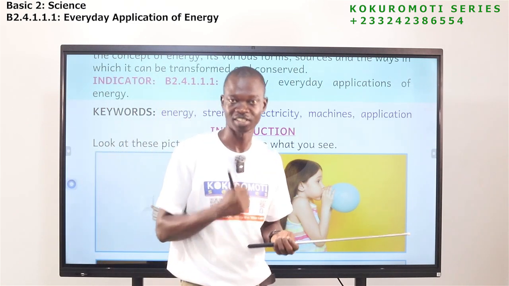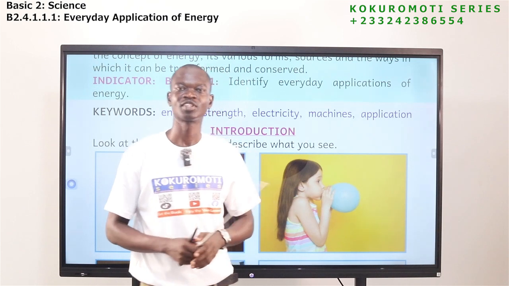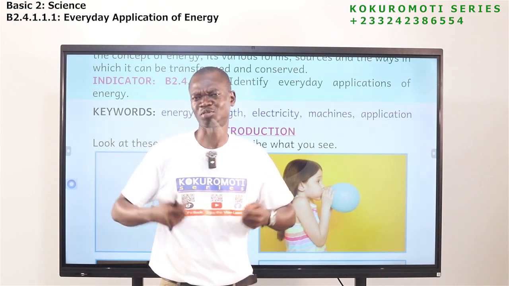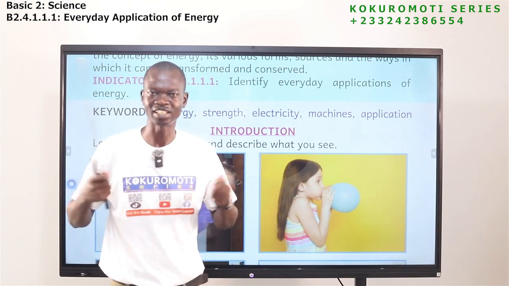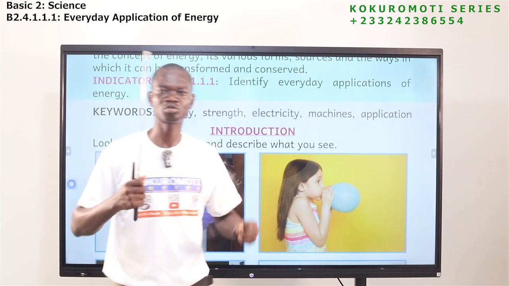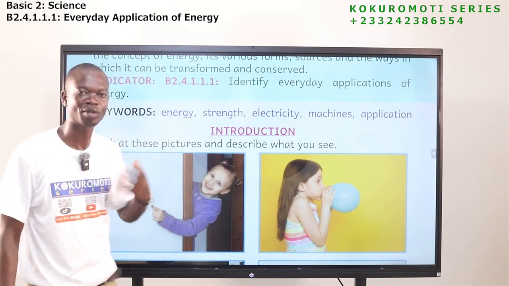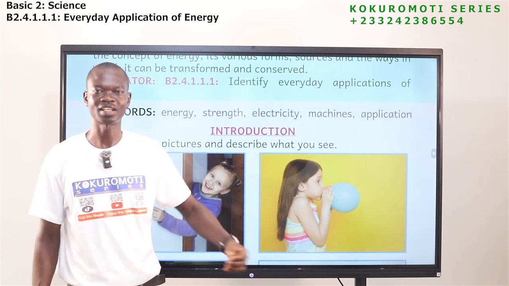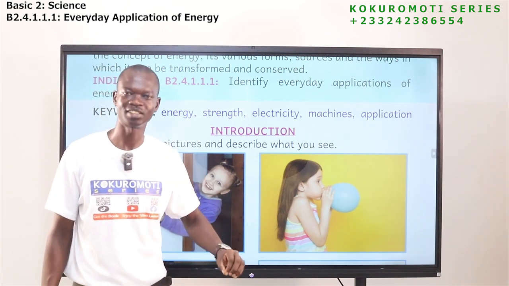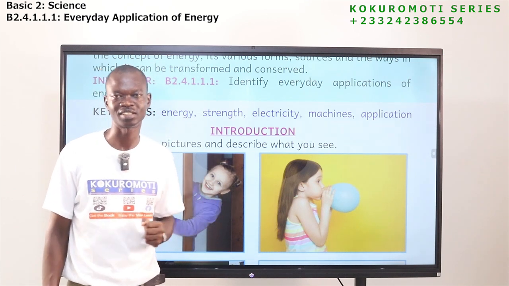If you are hungry, if you have not eaten, you are not able to work because you don't have the strength, you don't have energy. But if you eat, you become so strong and you are able to do things because of what? Energy. So energy is all about being able to do something, the strength to do something, the ability to do something.